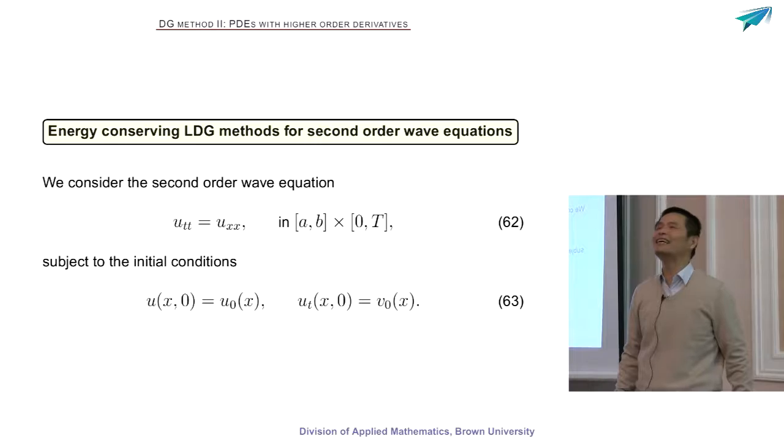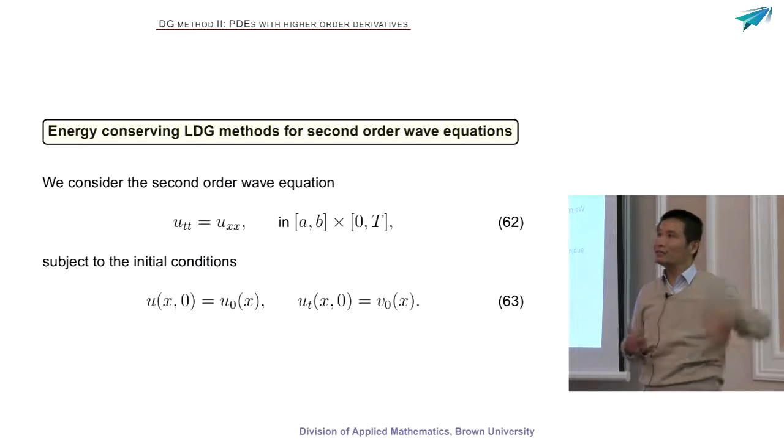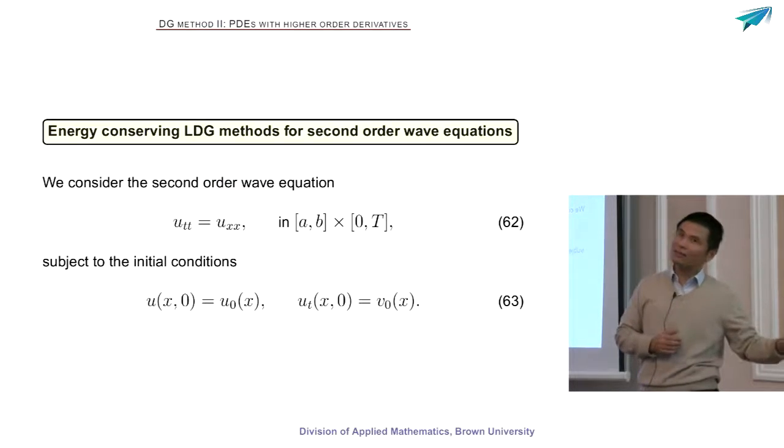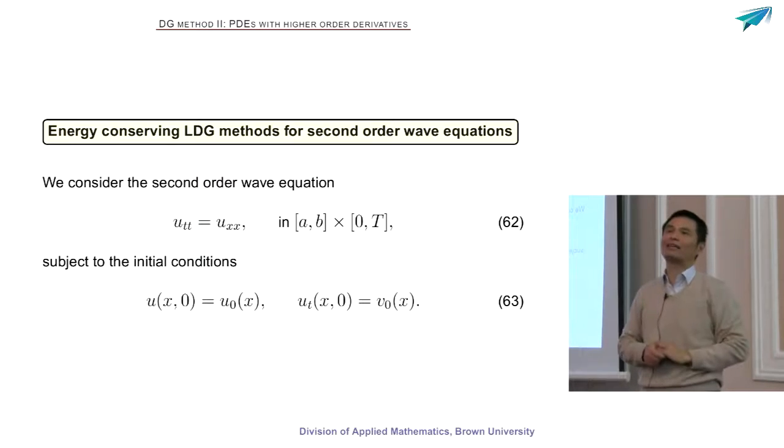However, to my dismay, if you run this for a very long time, maybe 100 periods, 200 periods, things change. Actually, the dissipative one becomes less accurate than the energy conserved one. This I did not know.